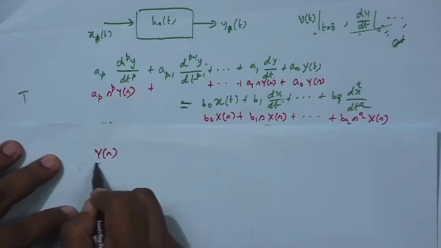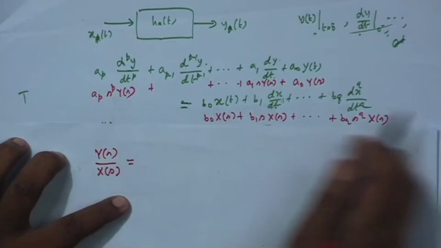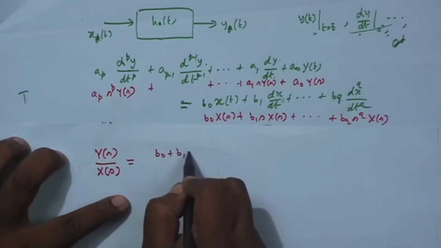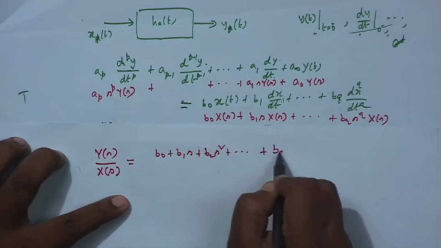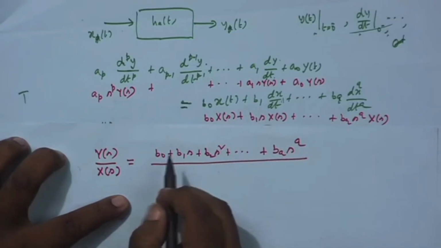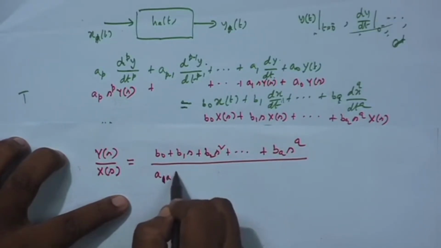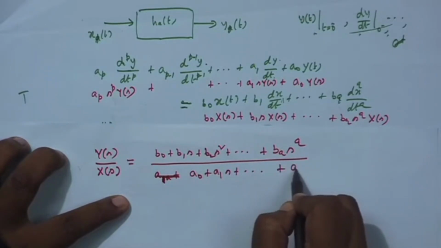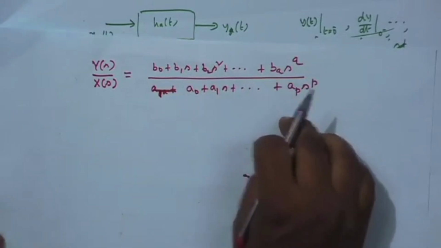You take the ratio, you have Y(s) by X(s) equal to a ratio of two polynomials in s, that is why it is a rational form.